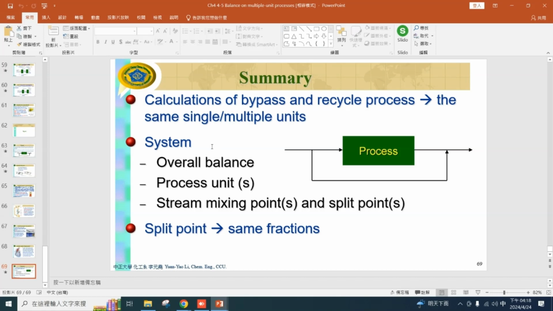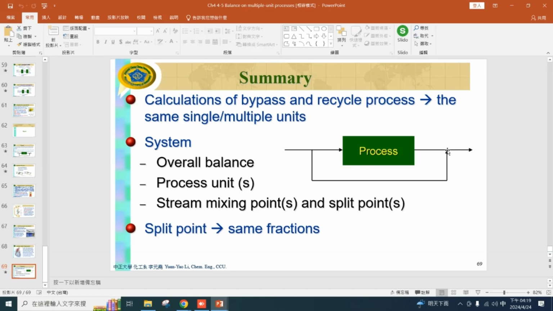So the system we want to consider here is, again, we think of the overall process first, and after that we think of the single unit processes. This is one single unit process. This is another single unit process. This is the third single unit process. And then after that we do the stream mixing points. This is a stream mixing point, and this is a stream splitting point. This is a stream mixing point.